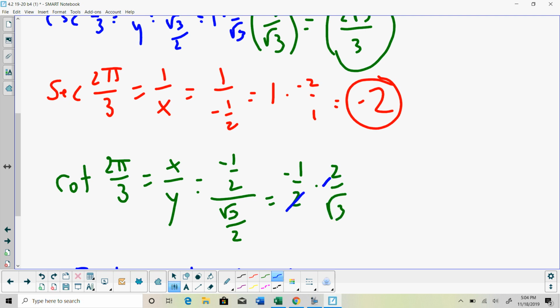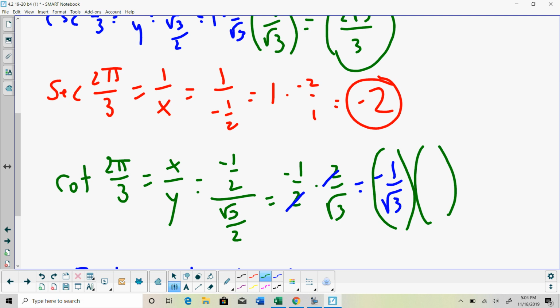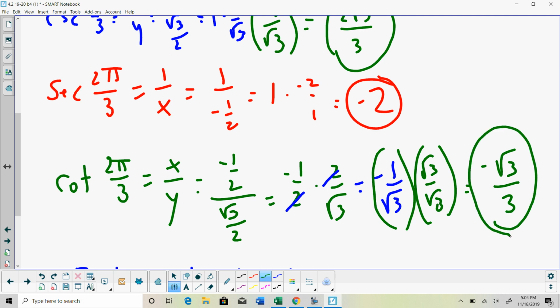I can divide out those 2's, and I'm left with negative 1 over square root of 3. Again, I don't want to leave a radical in the denominator, so I'm going to multiply this by square root of 3 over square root of 3, and I get negative square root of 3 over 3. That's going to be my cotangent.